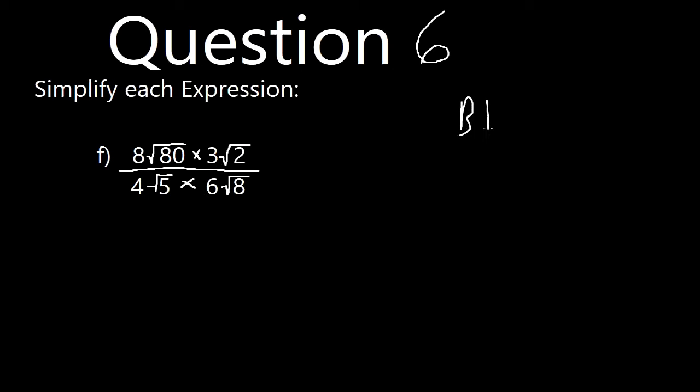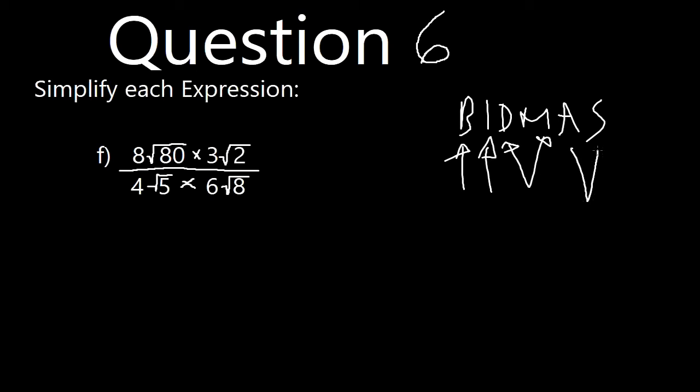Well, remember from our BIDMAS, our order of operations, we do our brackets first, then we do our indices, then our divide and multiplications. So those orders don't matter, and then your additions and subtractions last. So because we have both divides and times, it doesn't matter which order you do them in.